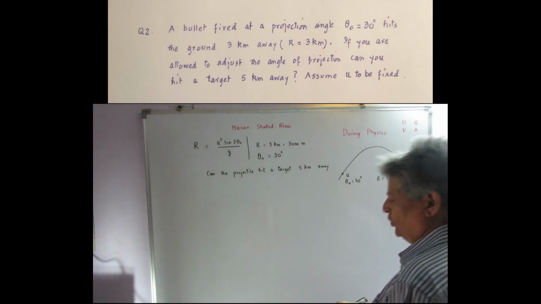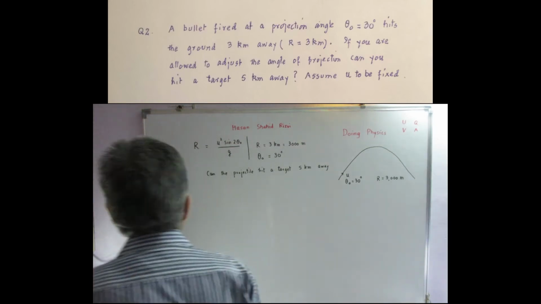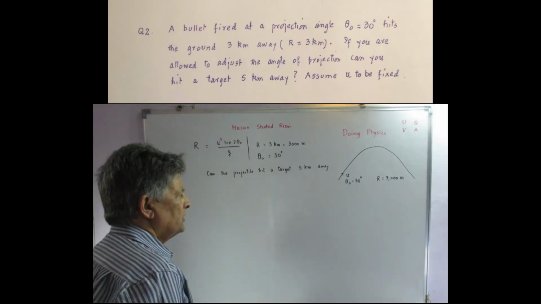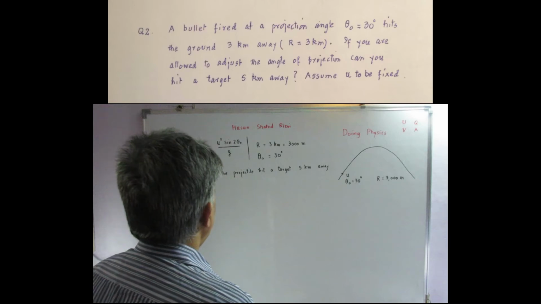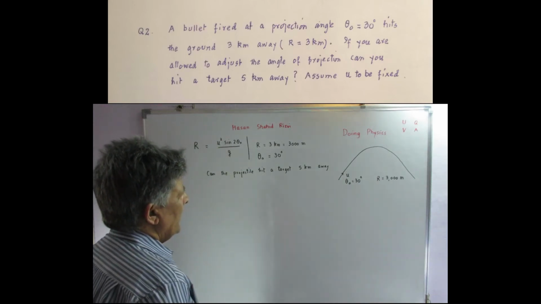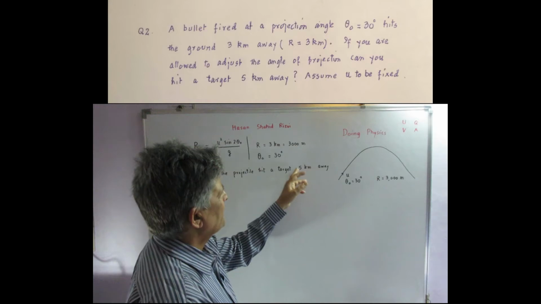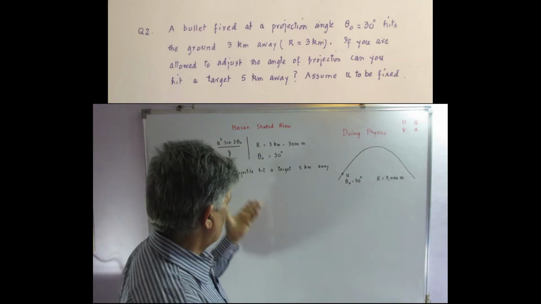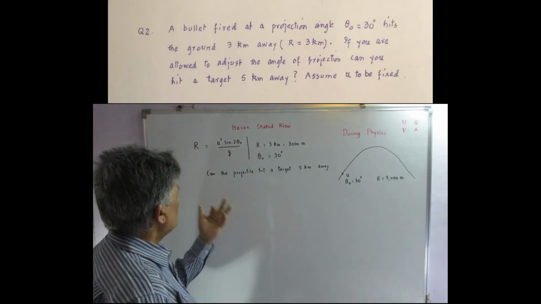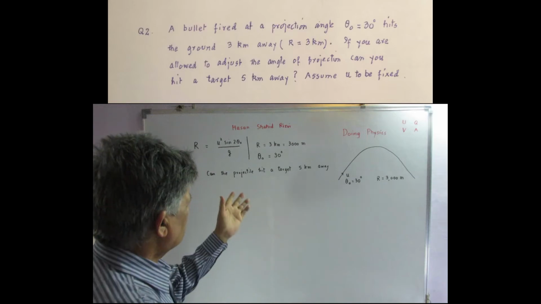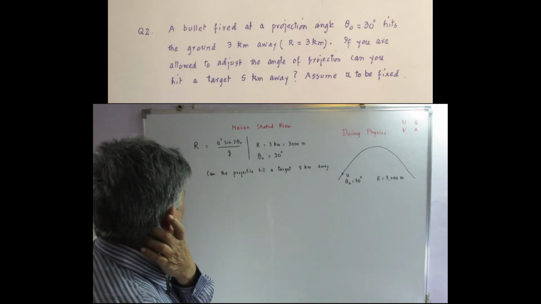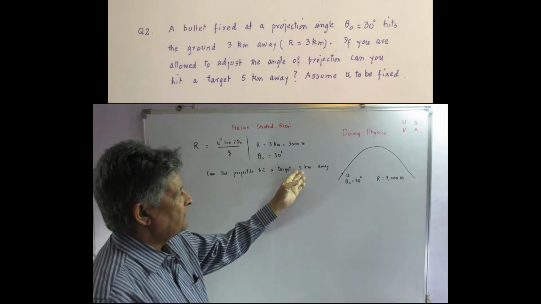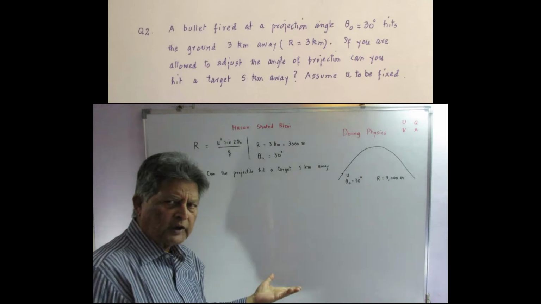So what we can do is, this range is variable as the angle of projection is changed. I have been given a new target 5 kilometers away. What I have to determine is the maximum range possible, and if the range possible is more than or equal to 5 kilometers, of course we can adjust the angle.